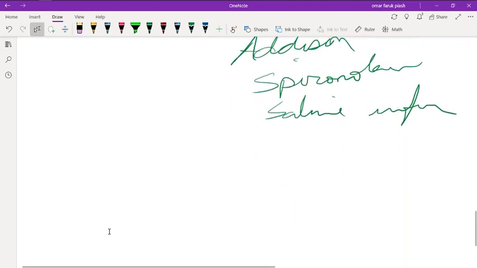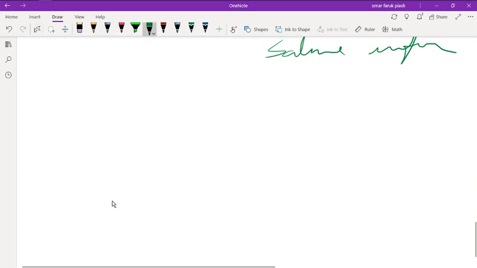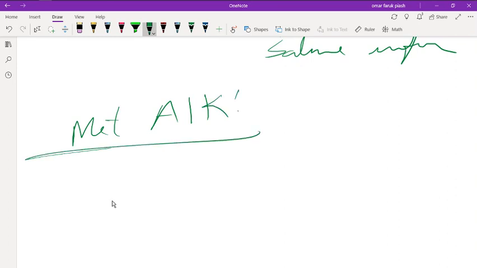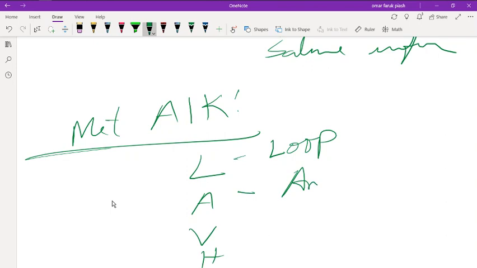Okay, these are the causes of metabolic acidosis, and now the causes of metabolic alkalosis. In metabolic alkalosis, the mnemonic is LAVH, love. L for loops, loop diuretics. A for antacid use.